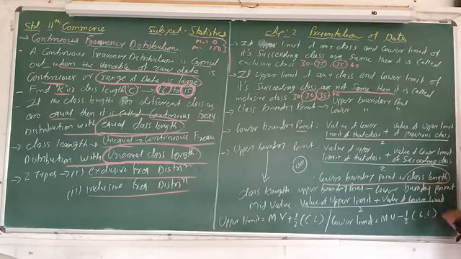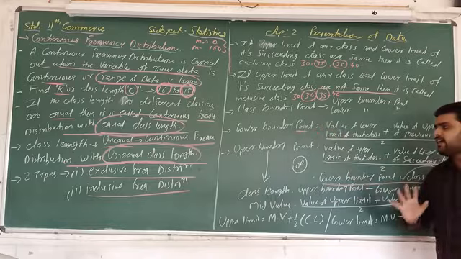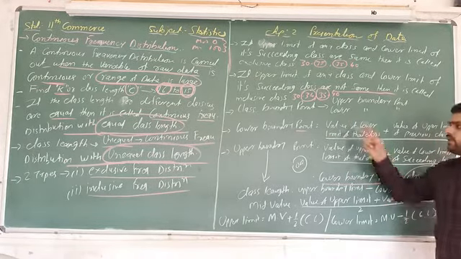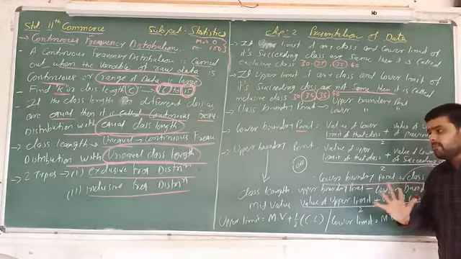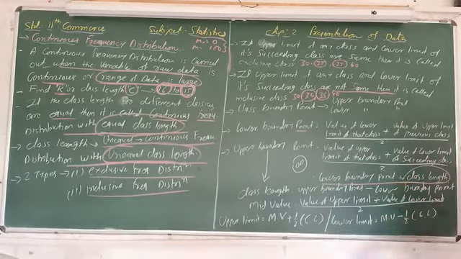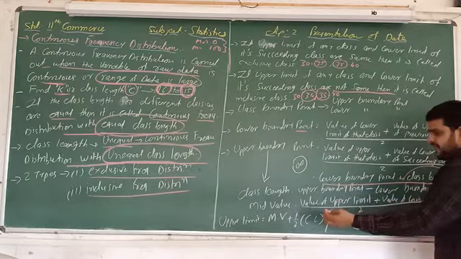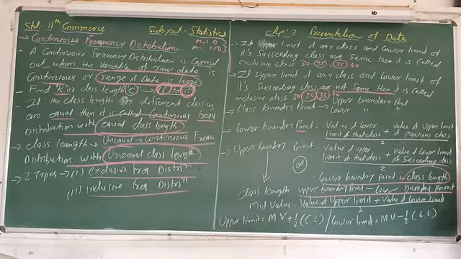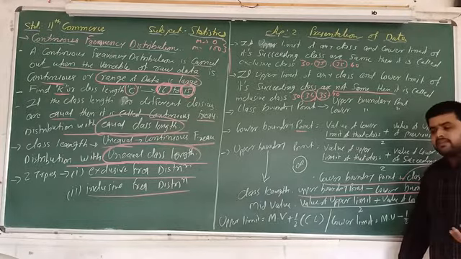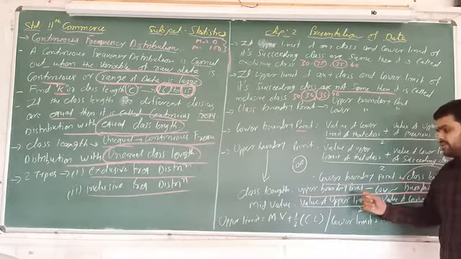If we add the class length to the lower boundary point, we definitely get the upper boundary point. With the lower and upper boundary we can find the class boundary. Then, class length is equal to upper boundary point minus lower boundary point.